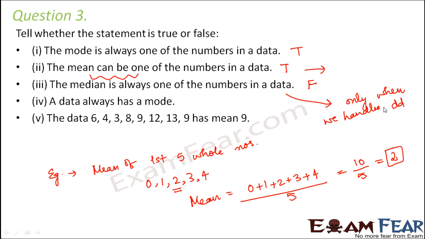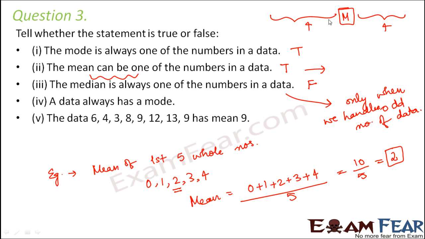Because you remember, whenever we have an odd number of data, let's say you have 9 data, so 4 on this side and 4 on this side, the median is the data which is at the middle. But when you have 8 numbers of data, your median is not one of the numbers in the data. You actually take the average of the 2 middle terms and then calculate the median. So in case of an even number of data, median is not one of the numbers in the data.